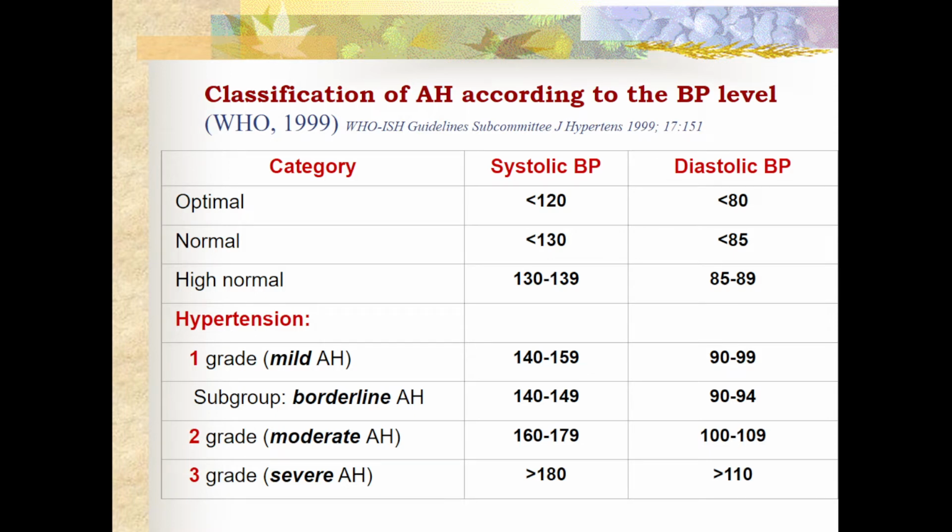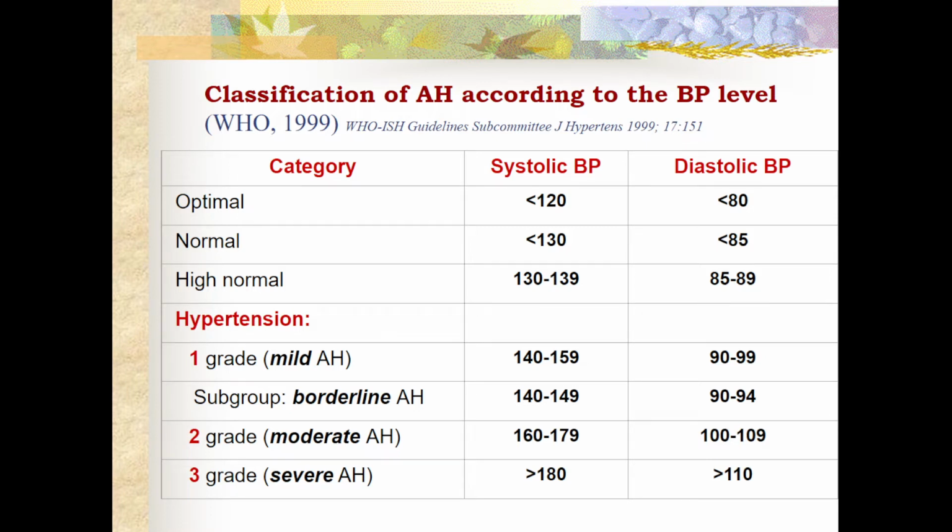Arterial hypertension consists of three grades or 3 degrees. First grade or first degree is established when systolic blood pressure consists of 140 to 159 mm of mercury and or diastolic blood pressure consists of 90 to 99 mm of mercury.